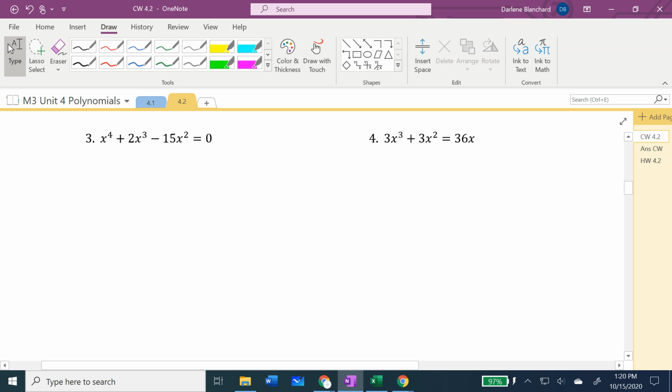And remember, the first thing is make sure that I have one side equaling 0. Now, I have 3 terms. And I need to first see, is there something that will divide all 3 terms that I can factor out?